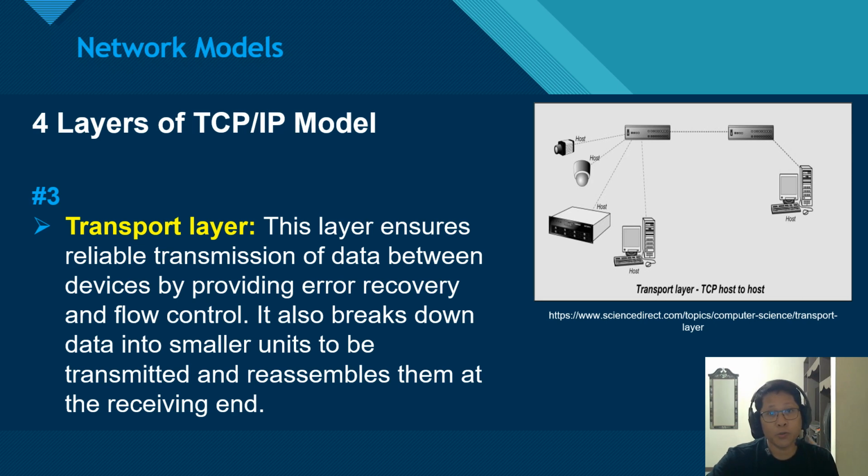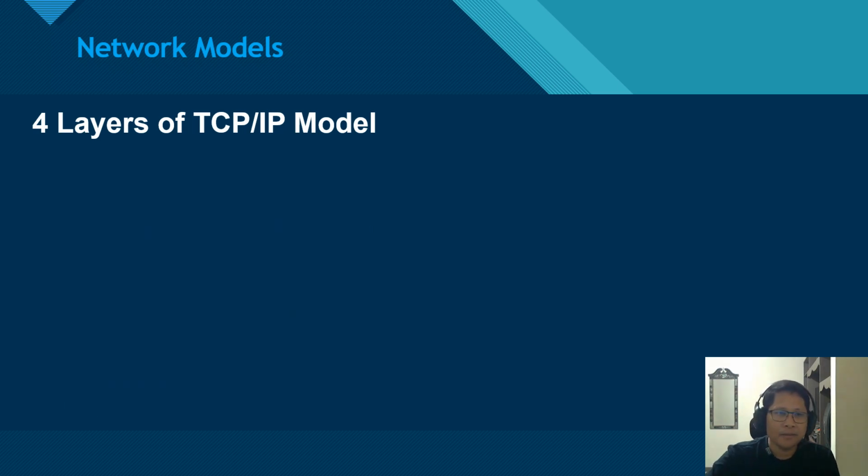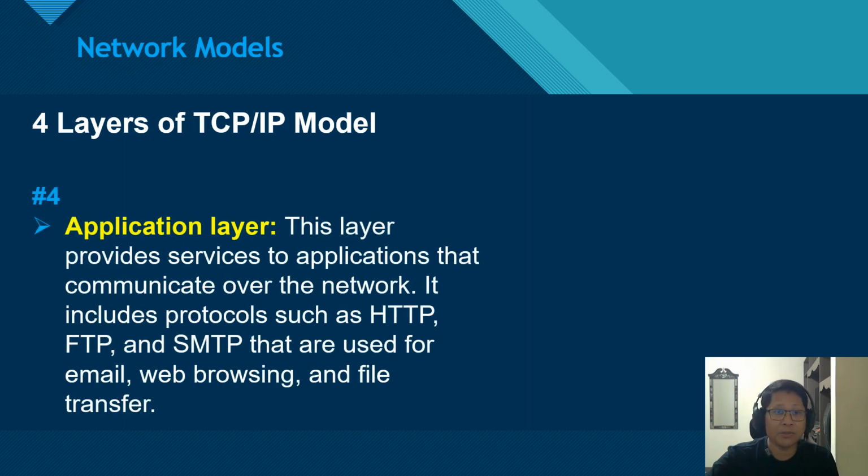The protocols used in this layer include TCP, or the Transmission Control Protocol, and UDP, or the User Datagram Protocol. The last layer of the TCP/IP model is the application layer. This layer provides services to the applications that communicate over the network.